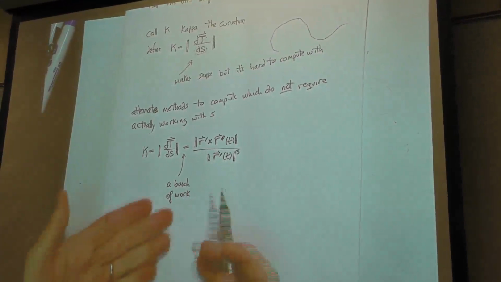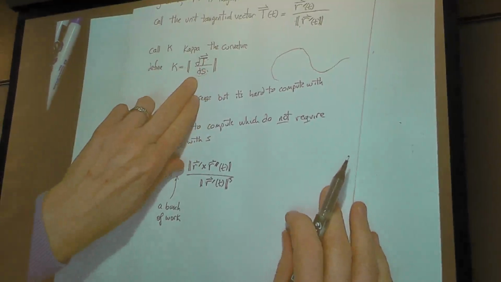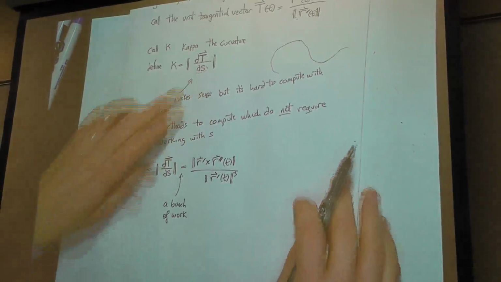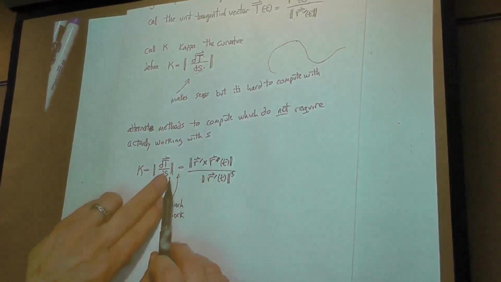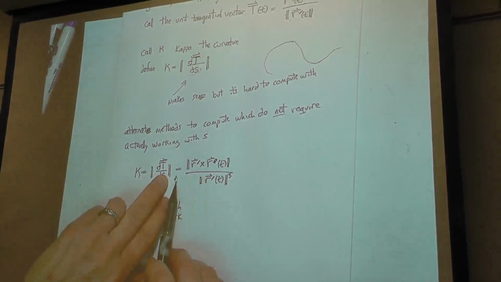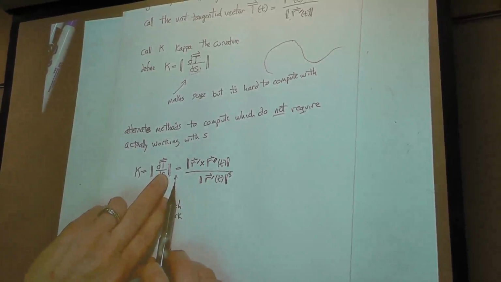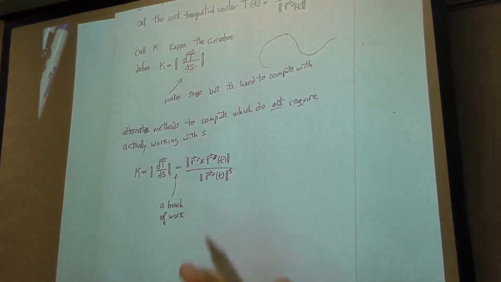And that's what's going on here. This is insight, but nobody wants to work with it. There's a bunch of manipulation that goes into showing these two are the same. I can do it, but I don't think it adds anything.